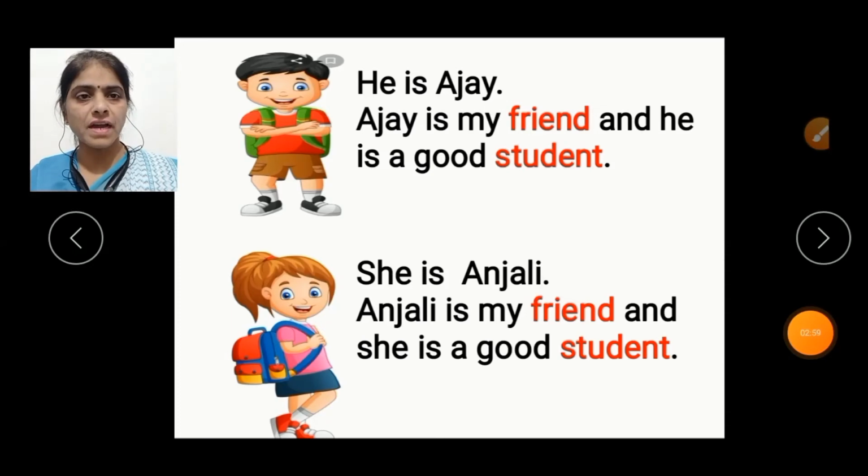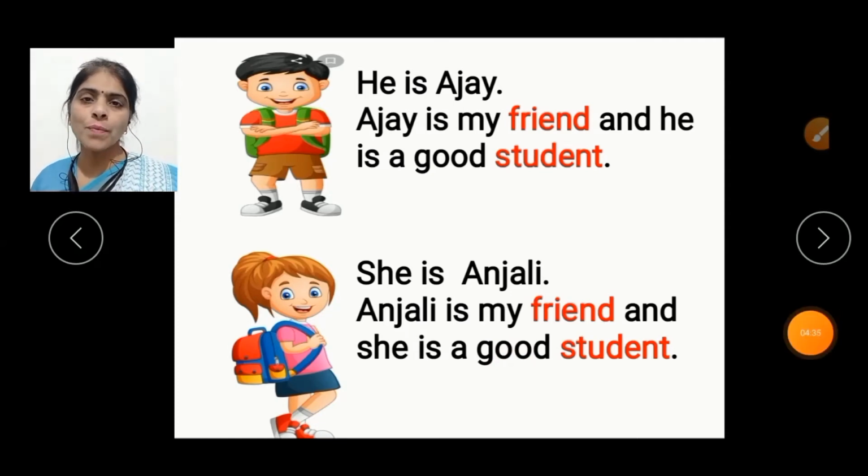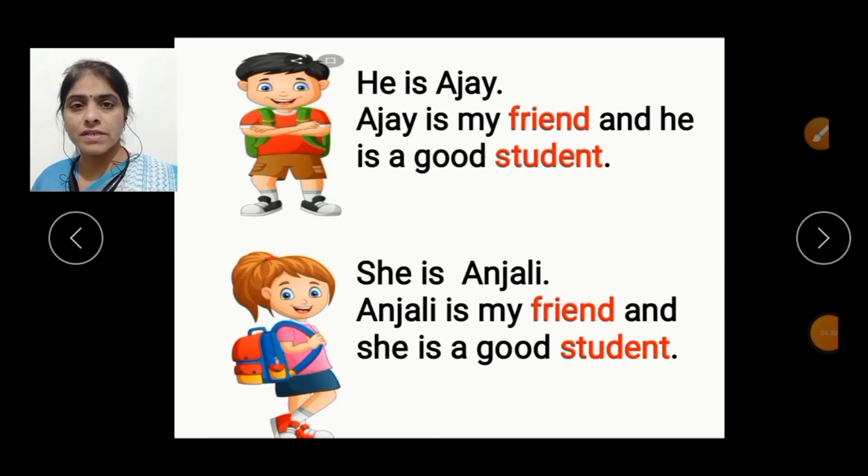Now let's meet the girl. She is Anjali. The name of the girl is Anjali. Anjali is my friend and she is a good student. I hope you have also noticed that the words friend and student are used for a boy, meaning male, and for a girl, meaning female.